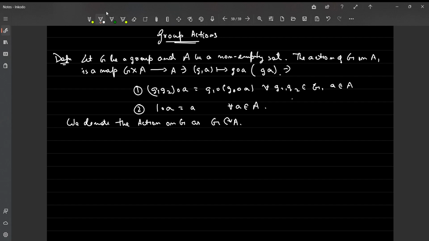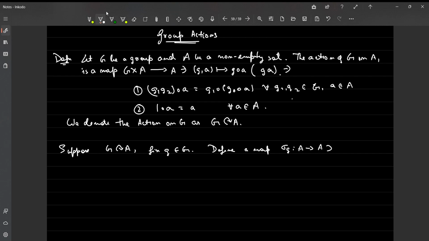Now, notice one thing. Suppose G acts on A. What we do is we fix some element small g in capital G. Then we define a map from A to A, which we denote as sigma g.